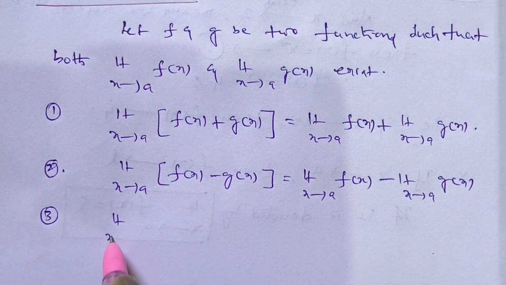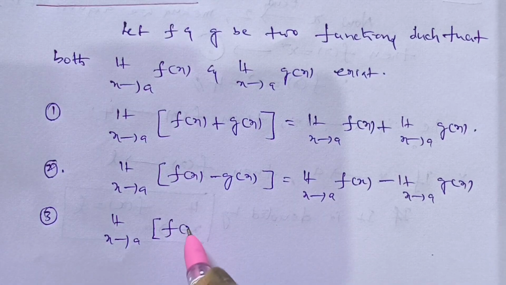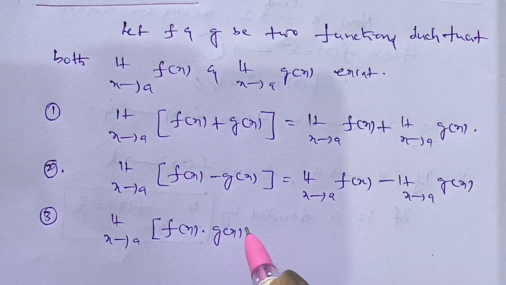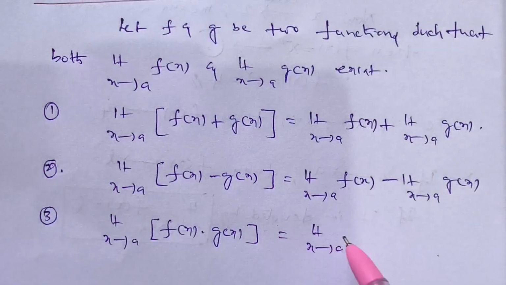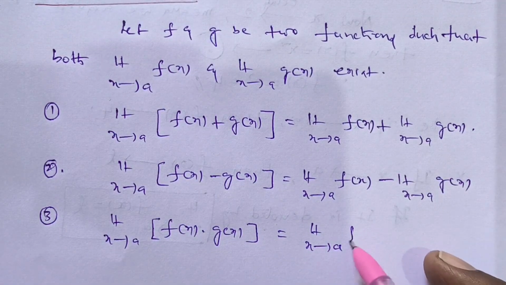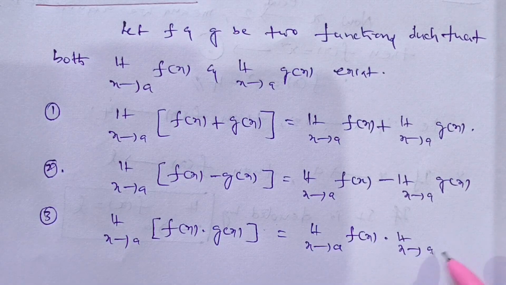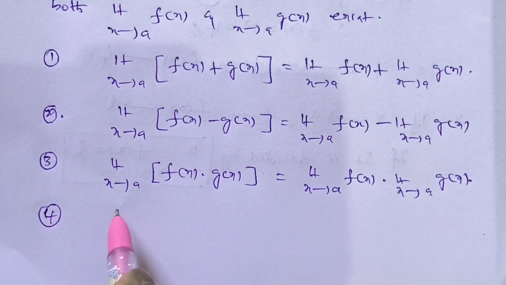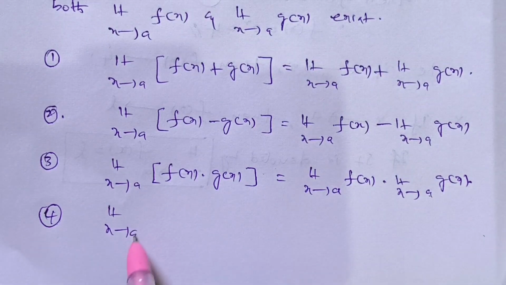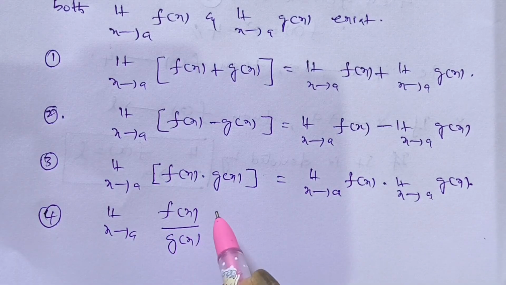And the third one is the product: limit x approaches a of f of x into g of x is equal to limit x approaches a f of x into limit x approaches a g of x. And the fourth one is the quotient form: limit x approaches a of f of x by g of x, numerator by denominator form.